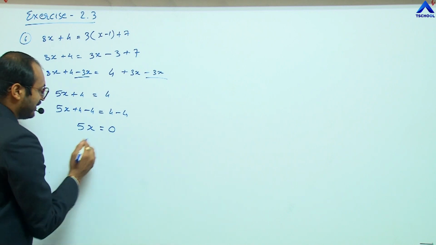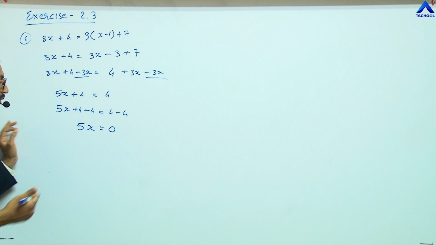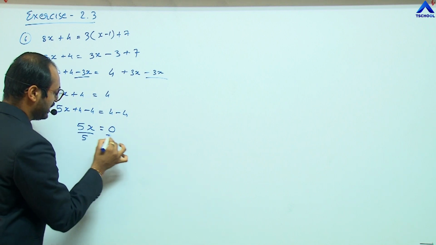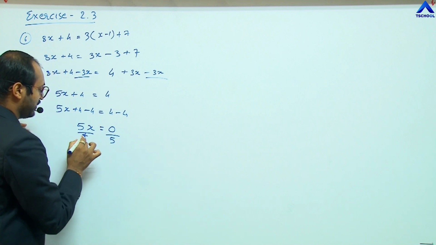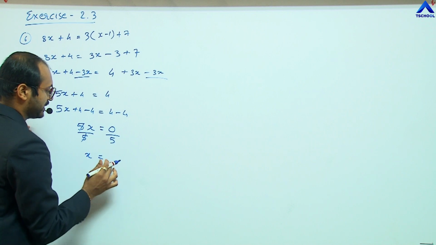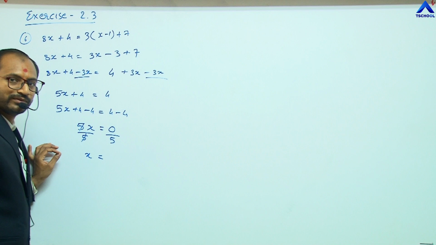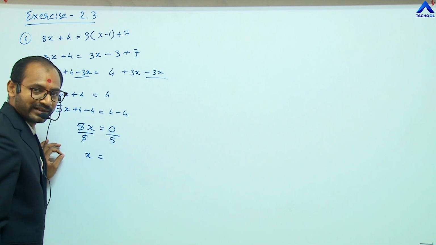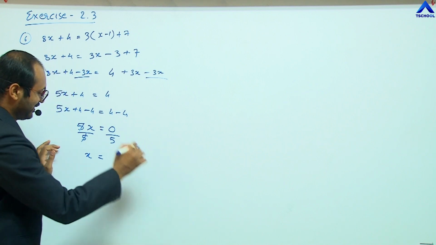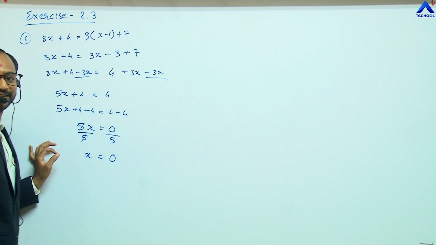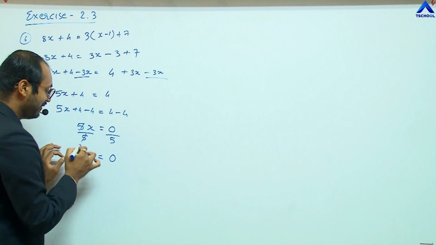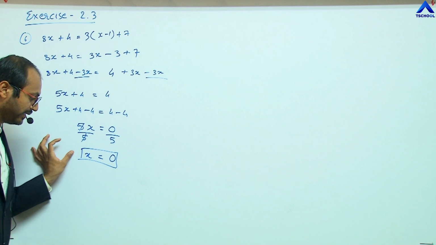So let me divide by 5 on both sides to make x alone. Here 5 will be cancelled, and x equals 0 by 5. Answer is 0. 0 divided by any value gives result 0.